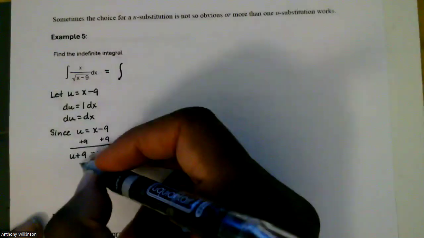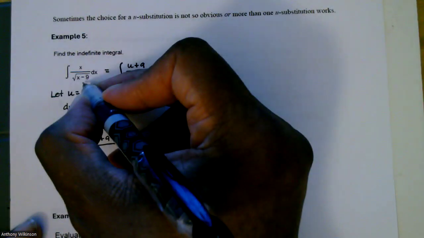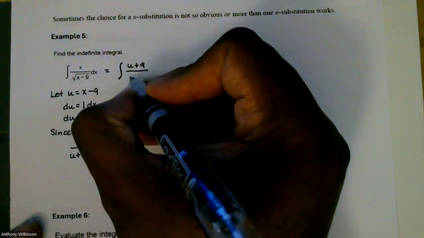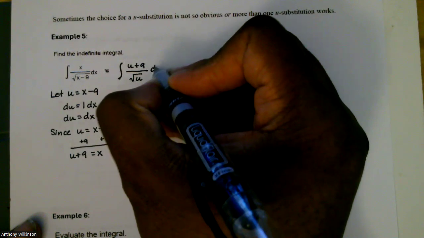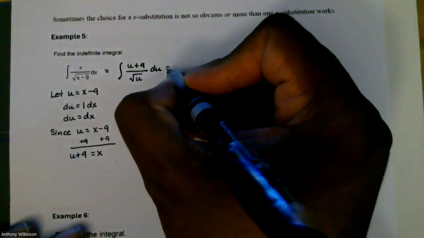So here I'm going to have the integral of this x will be replaced with the u plus 9 divided by the x minus 9 underneath that radical will be replaced with u, so it'll be the square root of u in the denominator, and dx will be du. So I get the integral of u plus 9 divided by the square root of u du.